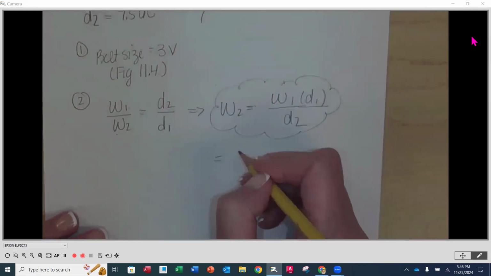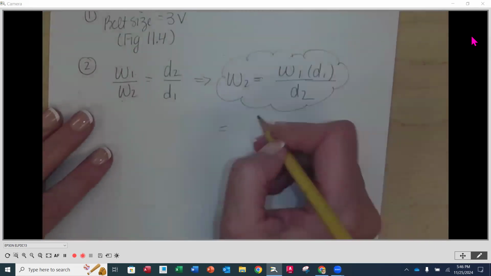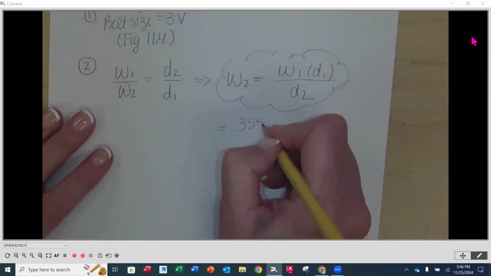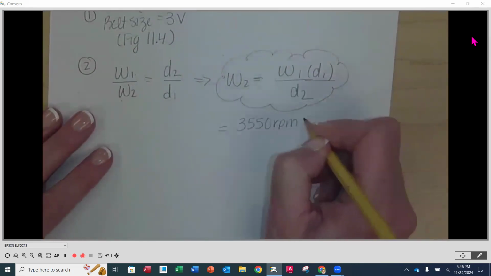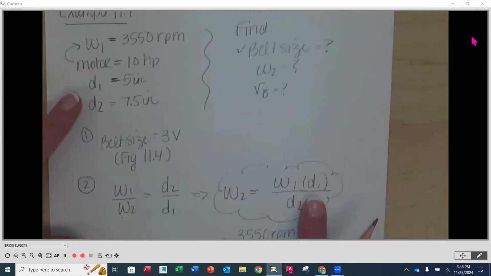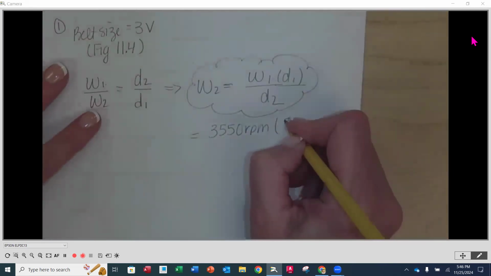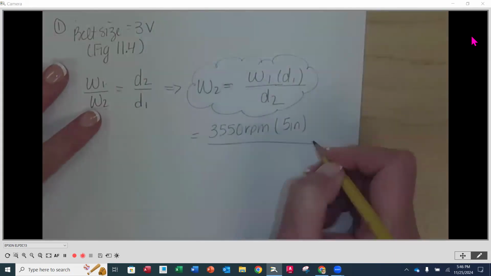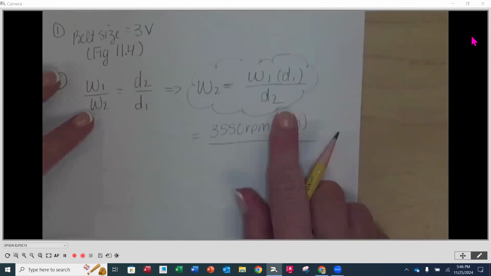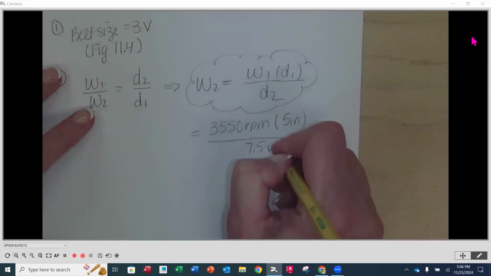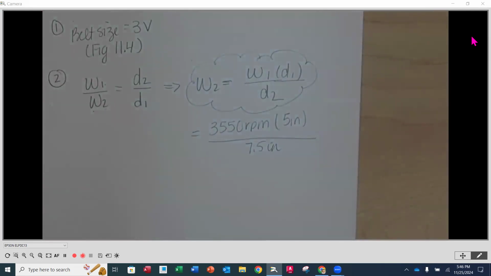So this is going to be equal to, if we look up here, 3550 RPMs for W1, times D1, which is 5 inches, divided by D2, which is 7.5 inches. Now, you need to have your units in every phase of the problem. Points come off here too if you don't do that.